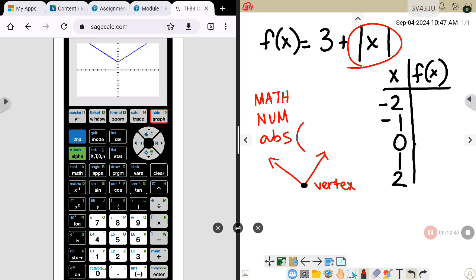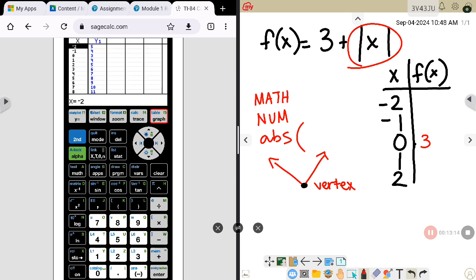So looking at the graph in the calculator, that point of that V is left and right 0, up 3. So the x is 0, up 3. I'm hoping that when I go to my table, I'm going to see that point in the table. So let's go there now.